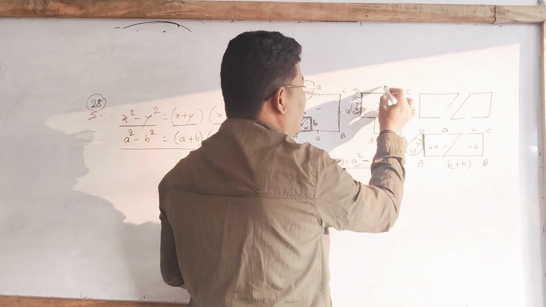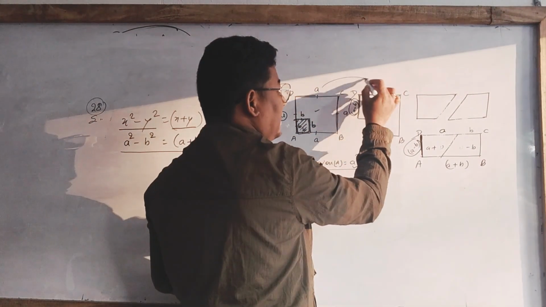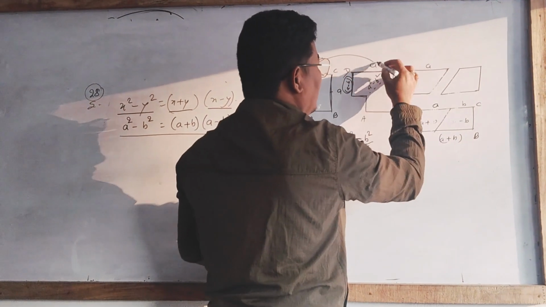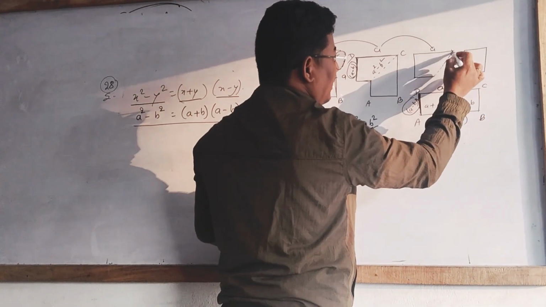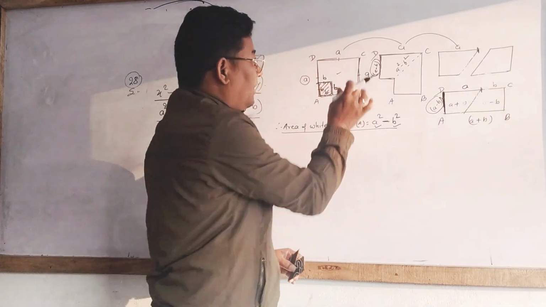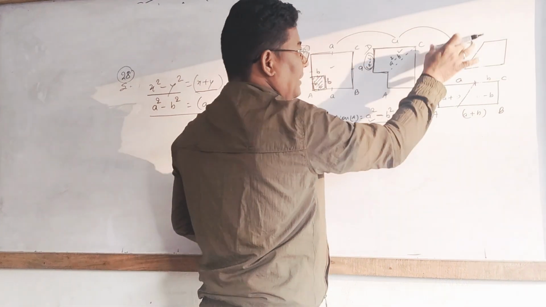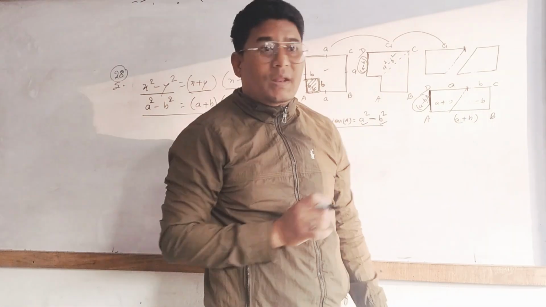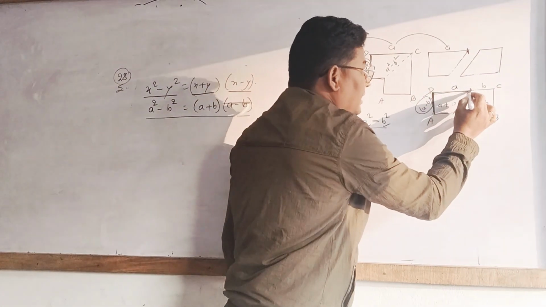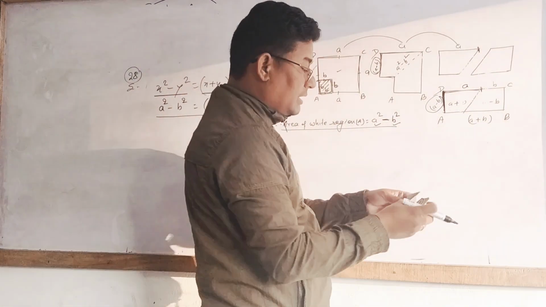Then this is also A. Up to here is only A, no? This same part is replaced, transferred to here. Clear? Means up to here is A.